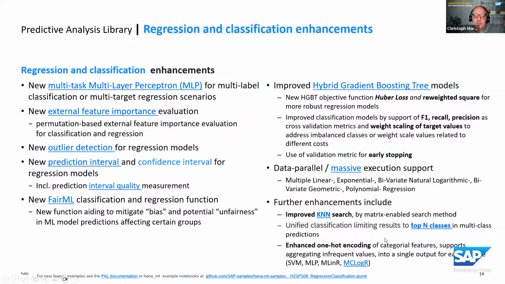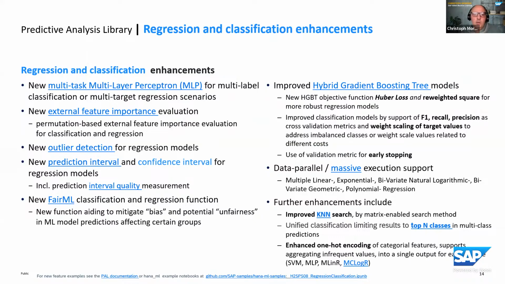Some other enhancements are an improved KNN search algorithm in multi-class classification. We can limit the output to the top N classes. So if you have a large number of output or target classes, like hundreds, you certainly don't want the probability of all 100 classes in each output, but maybe only the top 3, top 5 or top 10 class probabilities for each prediction.